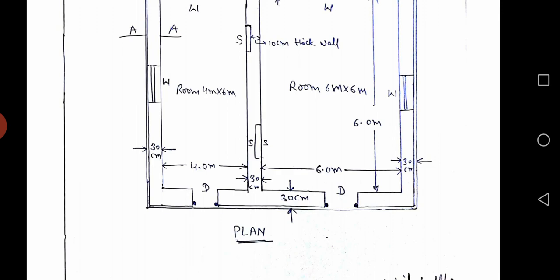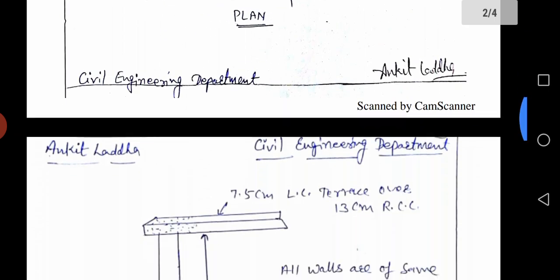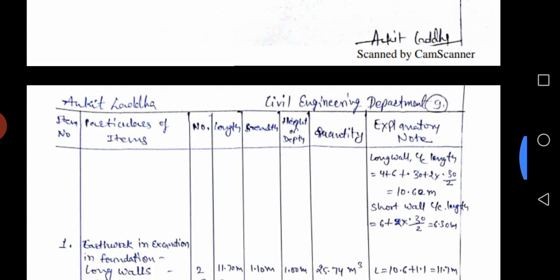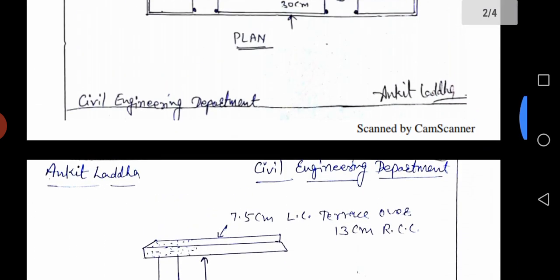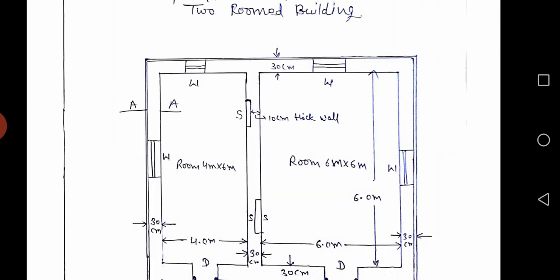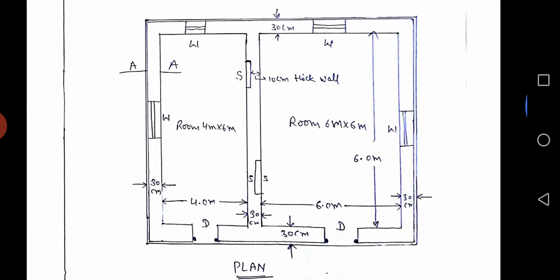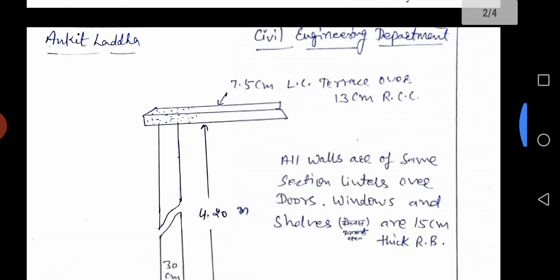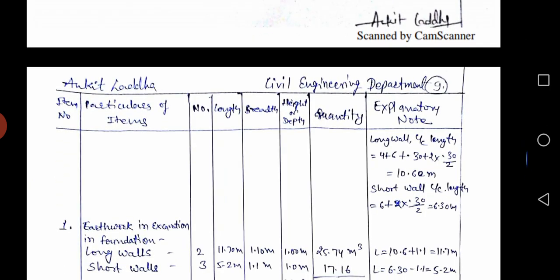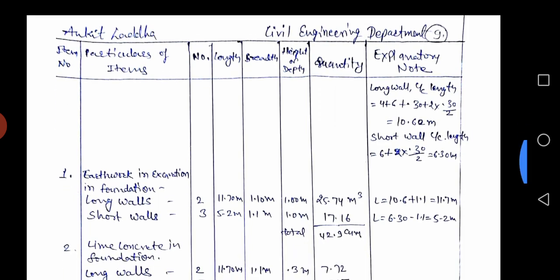So add both side wall widths and divide by 2. The total length equals 4 plus 6 plus 0.30 plus 2 into 0.3 divided by 2, that is 10.6 meter. Then the center to center length of the short wall equals 6 meter length, and both side walls are 30 centimeter each. Then 6 plus 2 into 0.3 divided by 2, that is 6.3 meter.